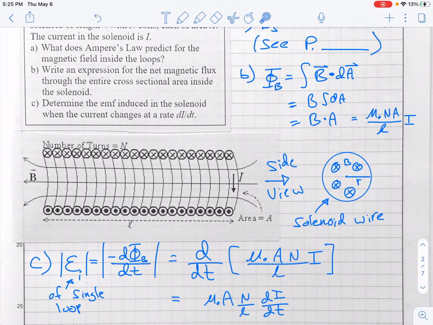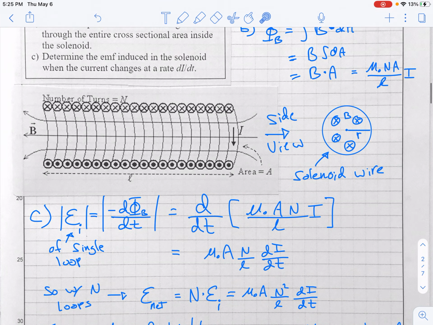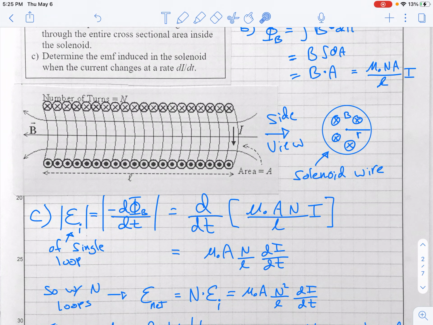So we get this, but there's n loops. This is the voltage for one loop. You've got to multiply this by n, and you'll get the voltage drop across the entire solenoid, right? So I take n times the individual result, and I get this.